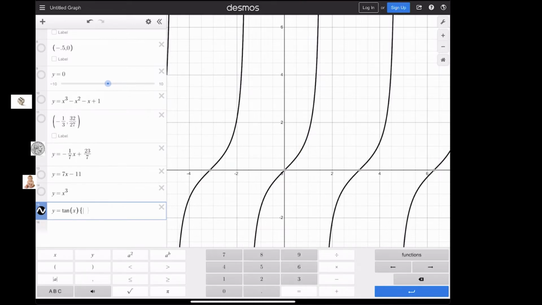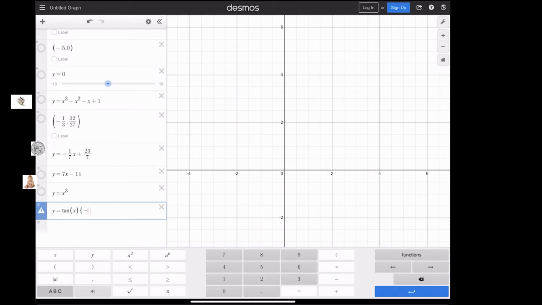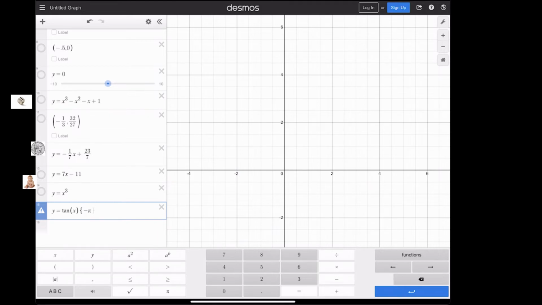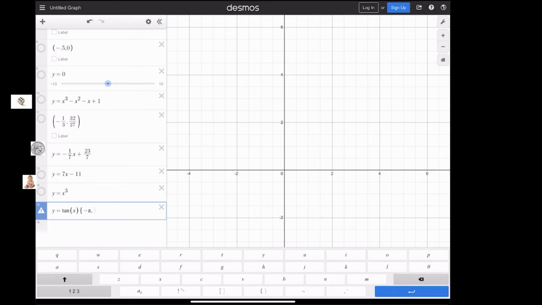Then I have to put negative pi, comma. You can spell it out, pi. I thought we did it that way. Do we have to put a comma there? Oh, negative pi divided by what? 2.